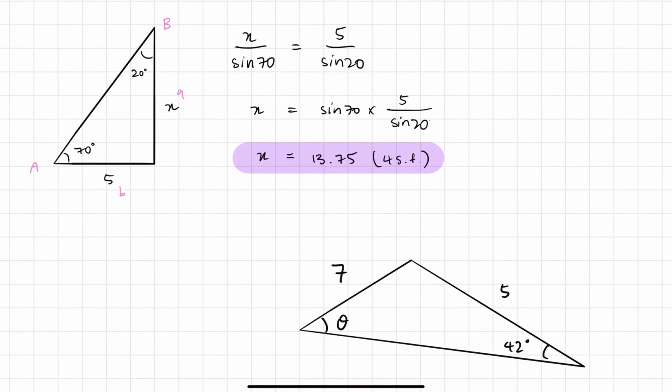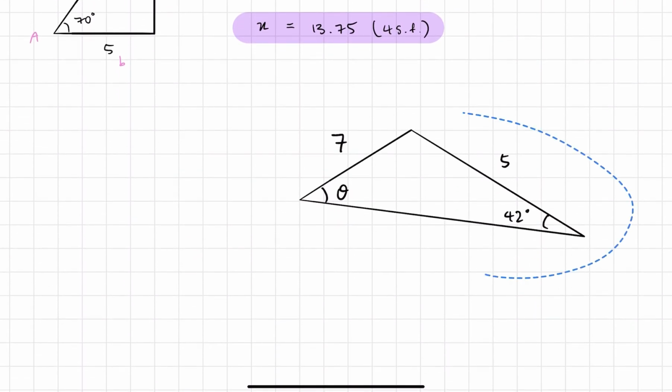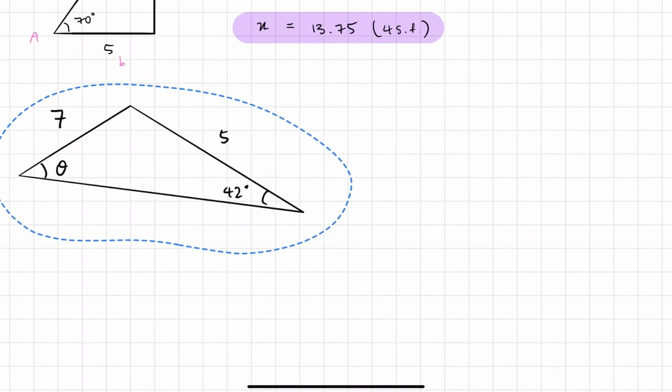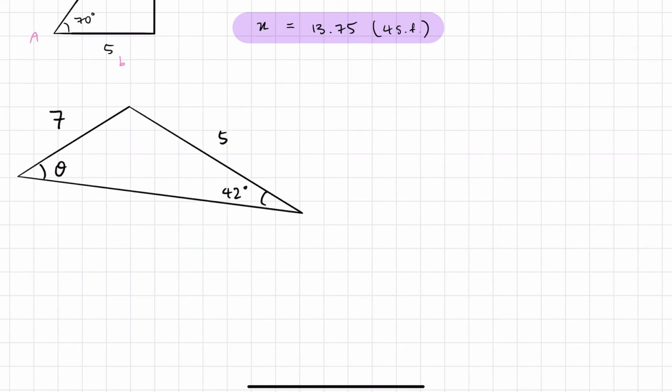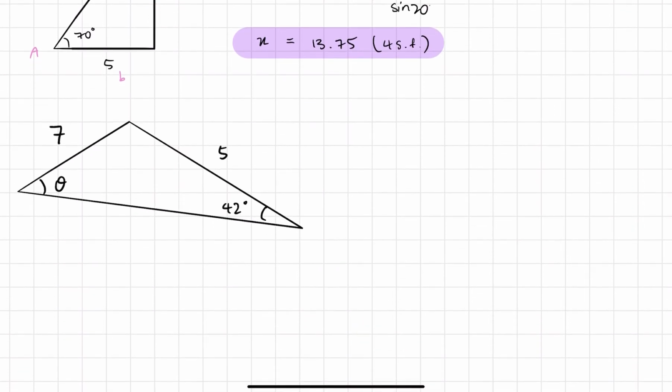The last question I'm going to go through before we finish up this video is this one down here. In this one, instead of finding an unknown length, instead of finding x, we have a theta that we're going to find, so an unknown angle. The first thing to do is just write the formula down, right?